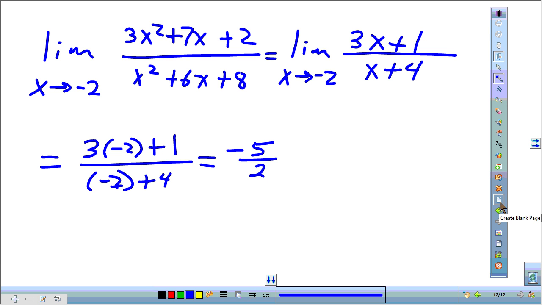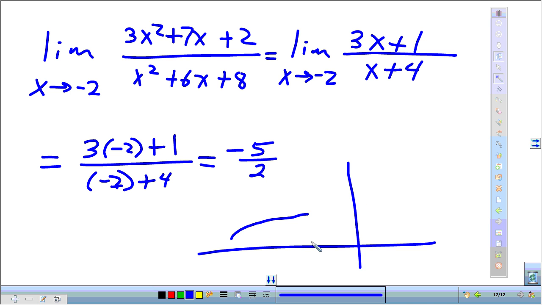Now we don't have asymptotic behavior. We just have a place in the graph that should have been minus 5 over 2, but we couldn't define it there. So graphically, as it approaches minus 2, it would just have a hole and then go on, instead of asymptotic infinity behavior.